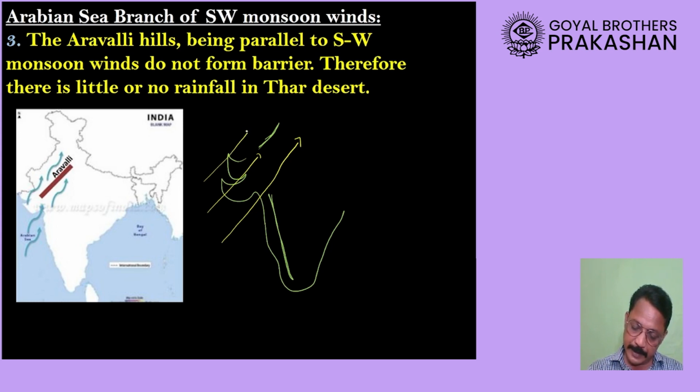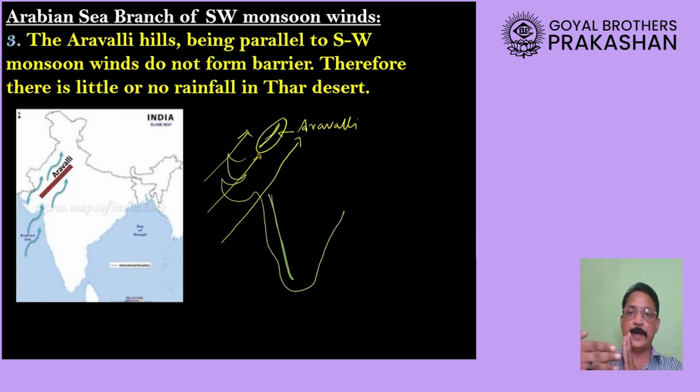Now you will notice, my dear students, that when these winds are moving, the Aravalli mountain range is lying parallel to them, and because it is lying parallel to them, it is not able to block them. Second important thing, this Aravalli mountain range is not a very tall mountain range. So what will happen when the winds blow?